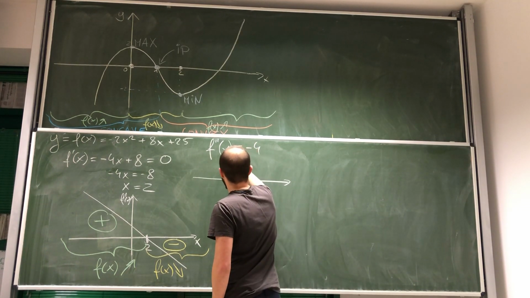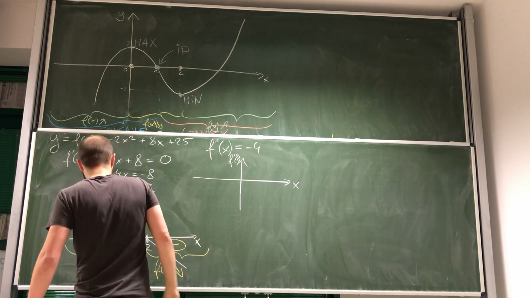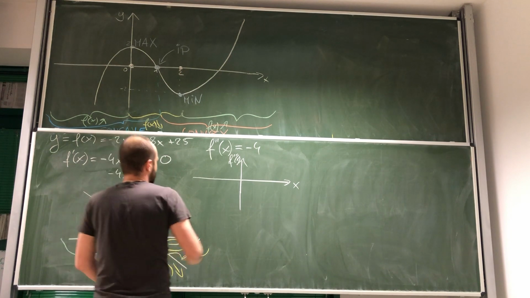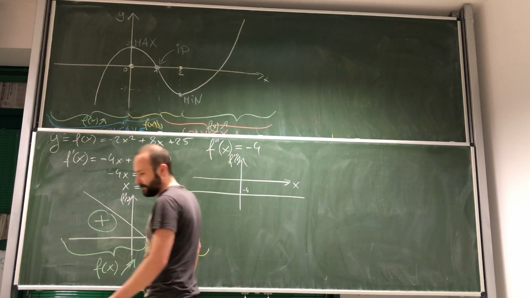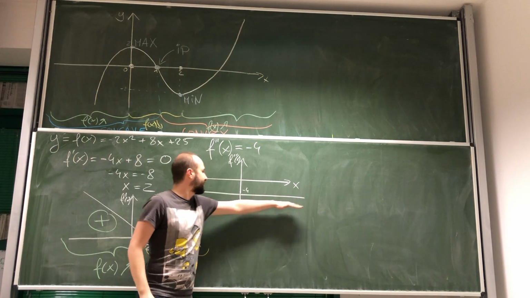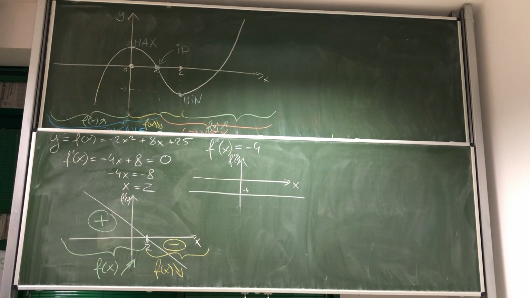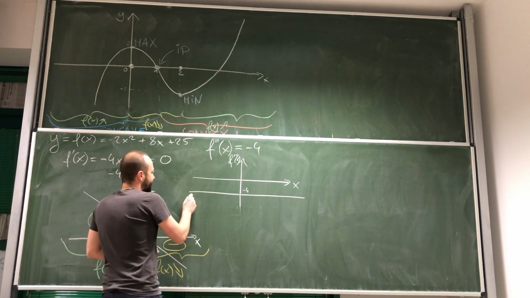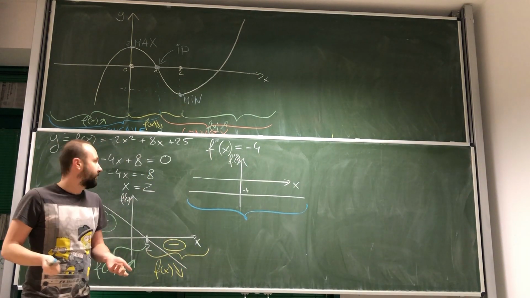If here we have f double prime of x, and here we have x, then this function is a constant function at negative 4. Because the second derivative is always negative, it means that this function is everywhere concave, right?